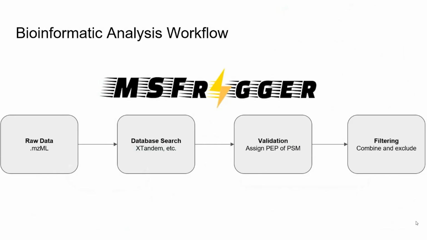Validation is done by putting it against decoy results. And then you filter, where you combine and exclude specific data. If you're looking for specific modifications, this is the spot where you would show it against others.